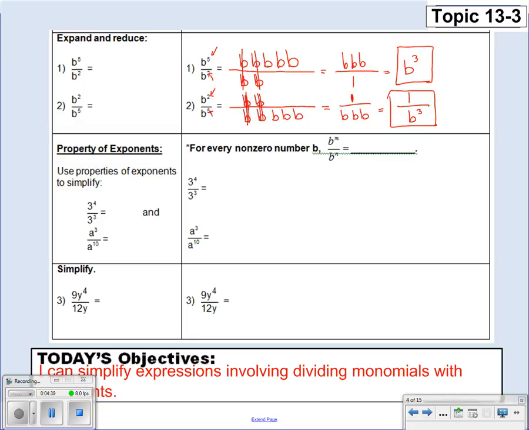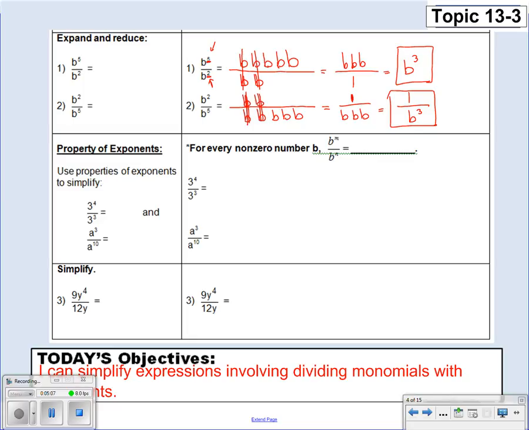It's basically what we've done. We have divided out the monomials. If they have a common base, then we can cancel what's in the numerator and denominator. Something that you'll be able to tell in the future, if you look at the exponents at the beginning, whichever one has the highest exponent, that's where your final answer is going to be. So in number 1, our b to the 5th power, that 5 is bigger than the 2.